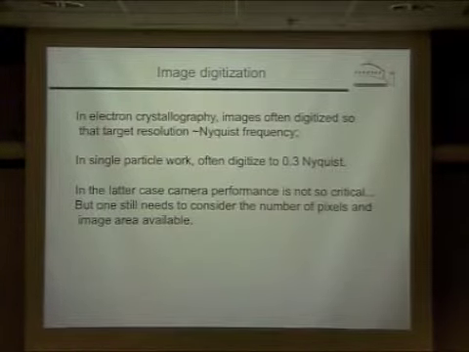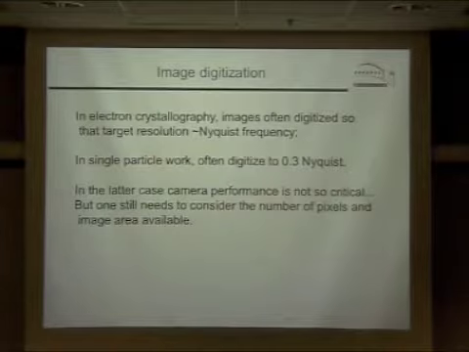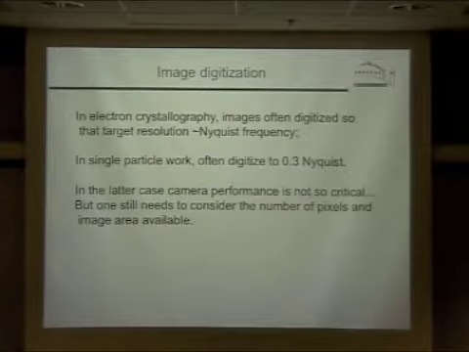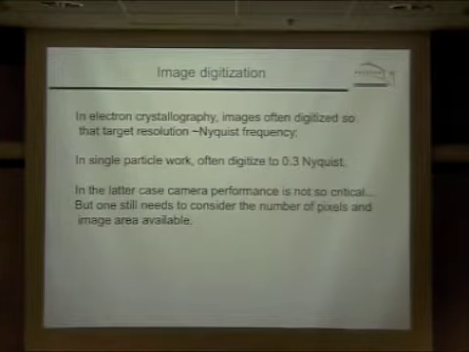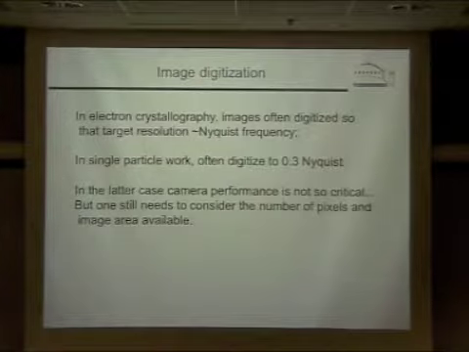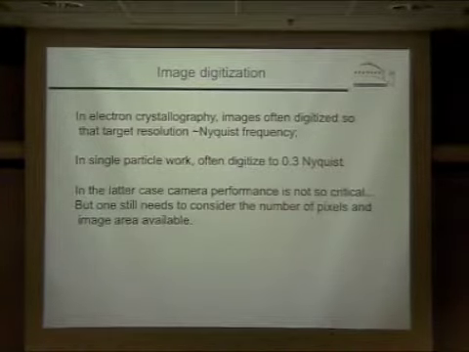So if you're digitizing so that your target resolution is a third of the Nyquist frequency, you hardly care what's happening out at the Nyquist. If the MTF is 0, that's actually better, because then there's a guarantee that you will not get any of this noise aliased back onto your original image.